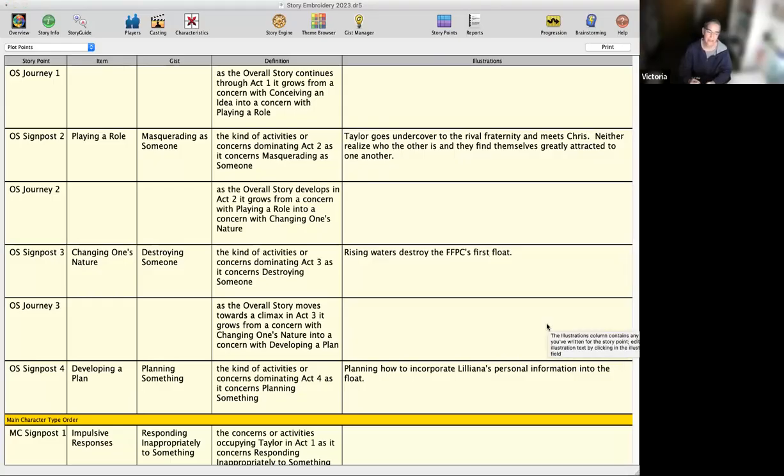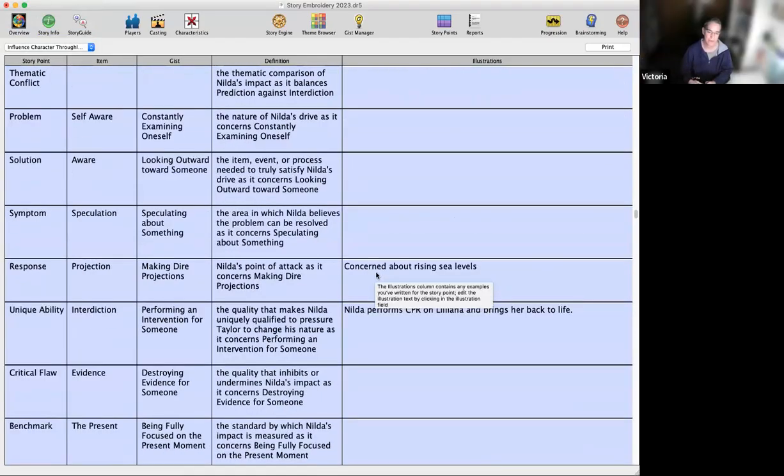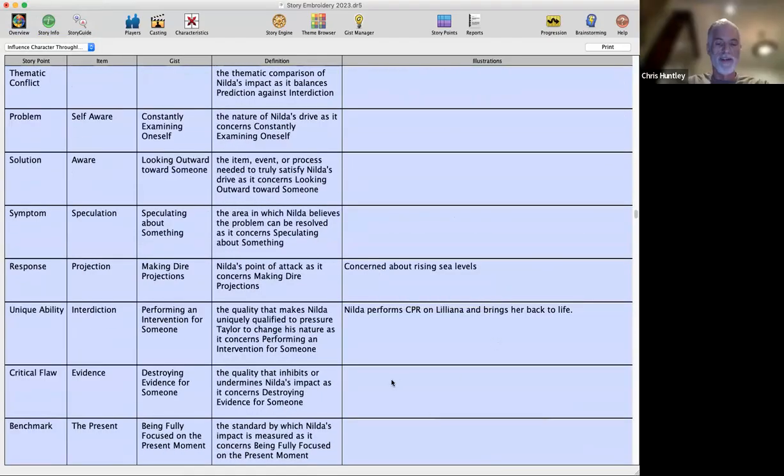I was thinking the influence character critical flaw, and that's destroying evidence for someone. There is one moment when the float has been destroyed and nobody knows who has done it.